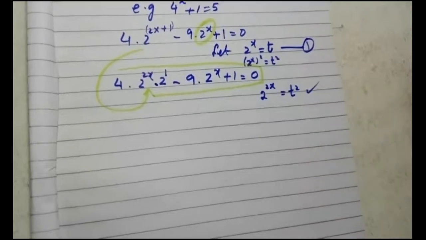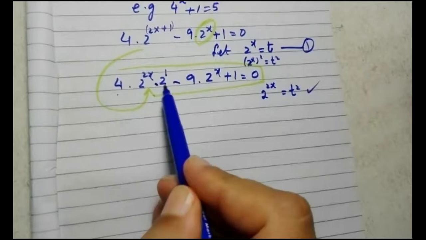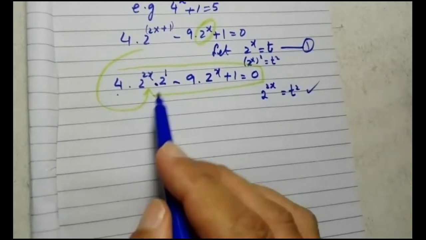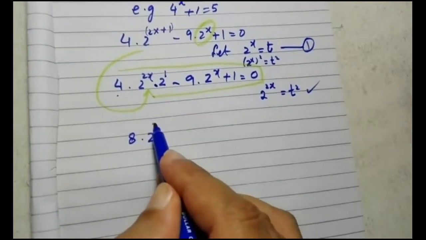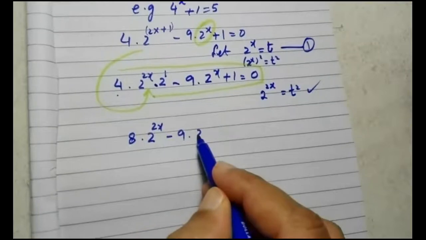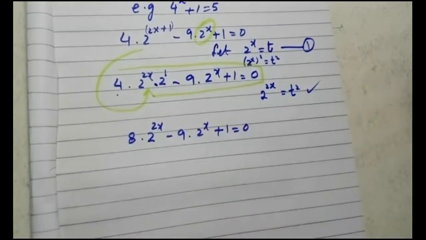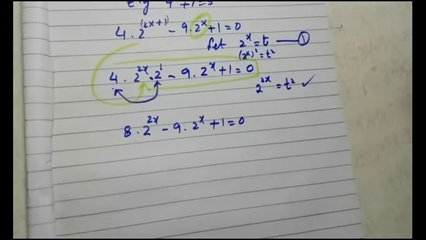So now what is the next procedure? 4 into 2 will become 8, 2 raised to power 2x, 9 times 2 raised to power x plus 1 equals 0. These two numbers will be first multiplied because they are normal constants.